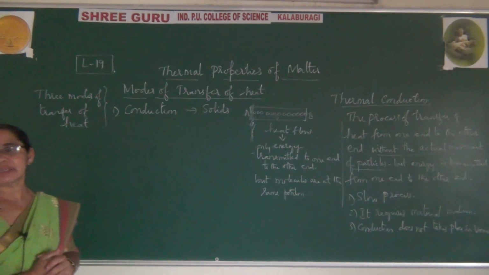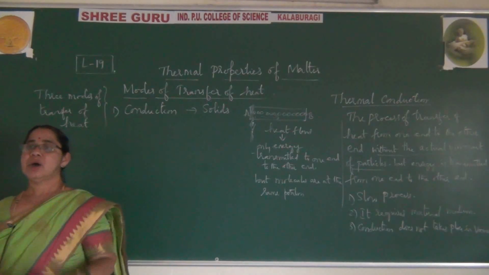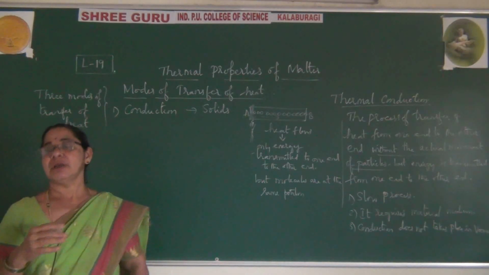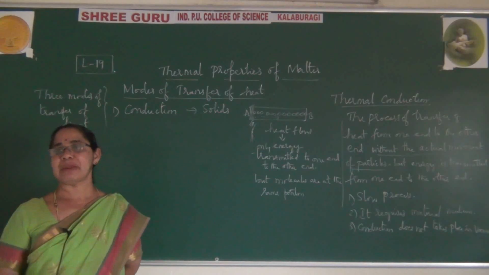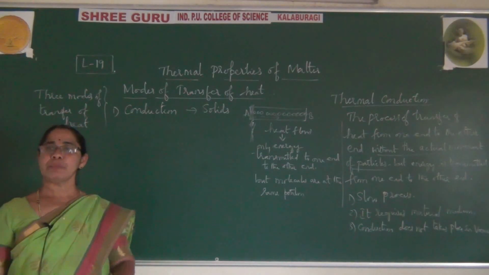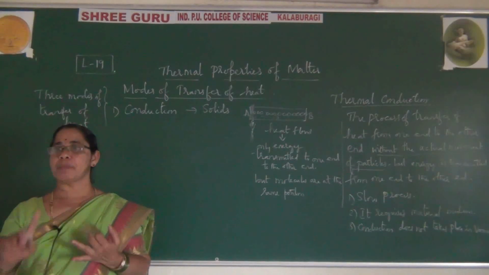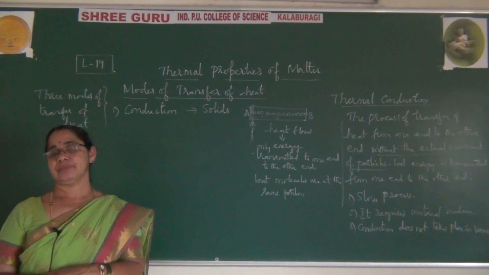Under good conductors, I can give the best example. All metals are good conductors of heat. Non-metals are bad conductors of heat. Very simple words you can remember. In metals I can give aluminium, copper, silver; all these are good conductors of heat.